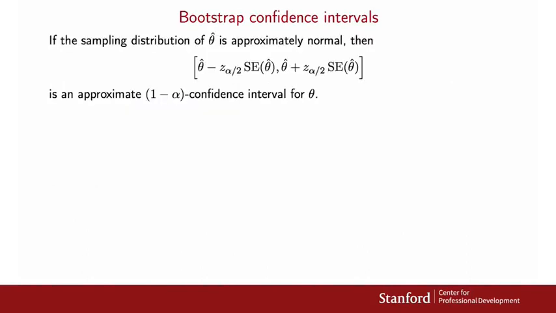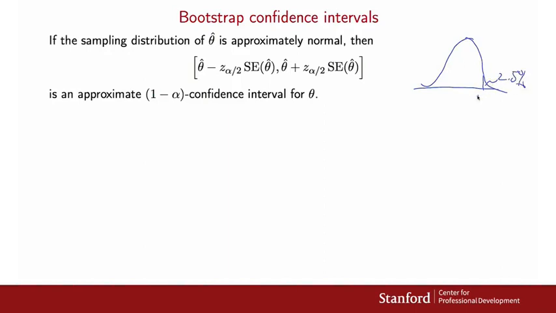Remember the simple formula for an approximate confidence interval. We take theta hat and then we go a multiple z times the standard error in each direction. So if we have a 1 minus alpha confidence interval, for example, if alpha is 5%, we get a 95% confidence interval, then we would look at z alpha half, so we would look at a normal curve, and alpha half is 2.5%.